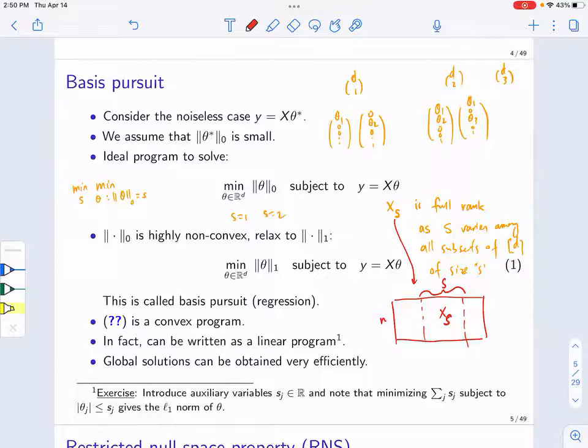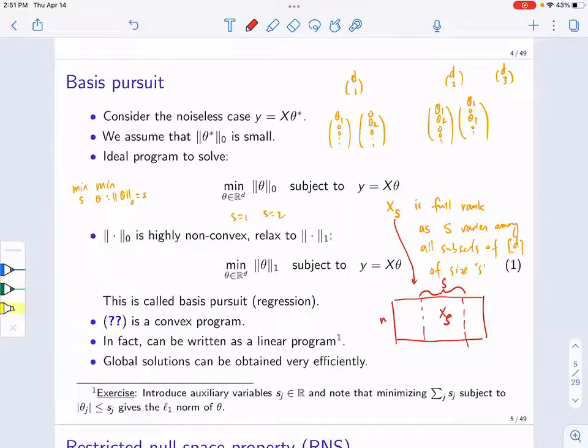But then people, as you pointed out, noticed or knew that this is not feasible. So what people realized is that we can replace this with L1.